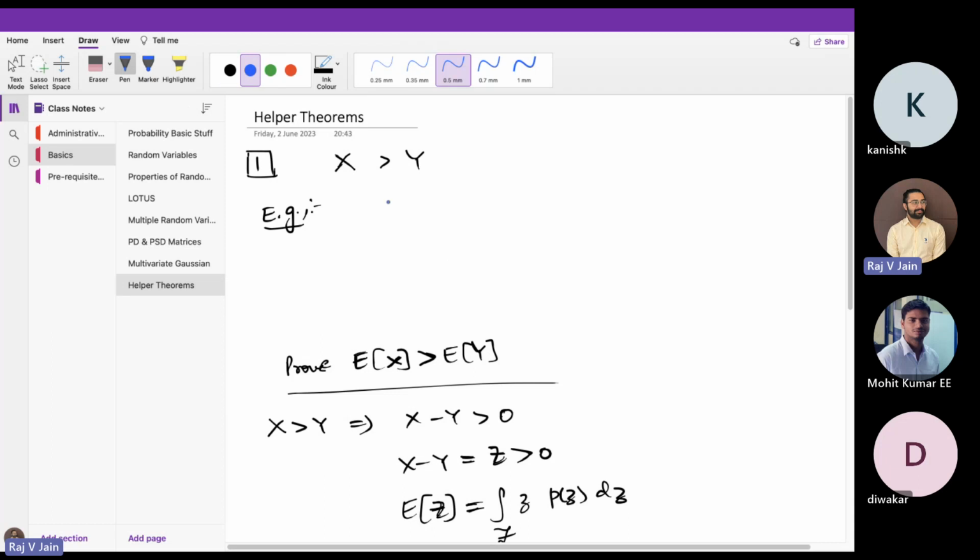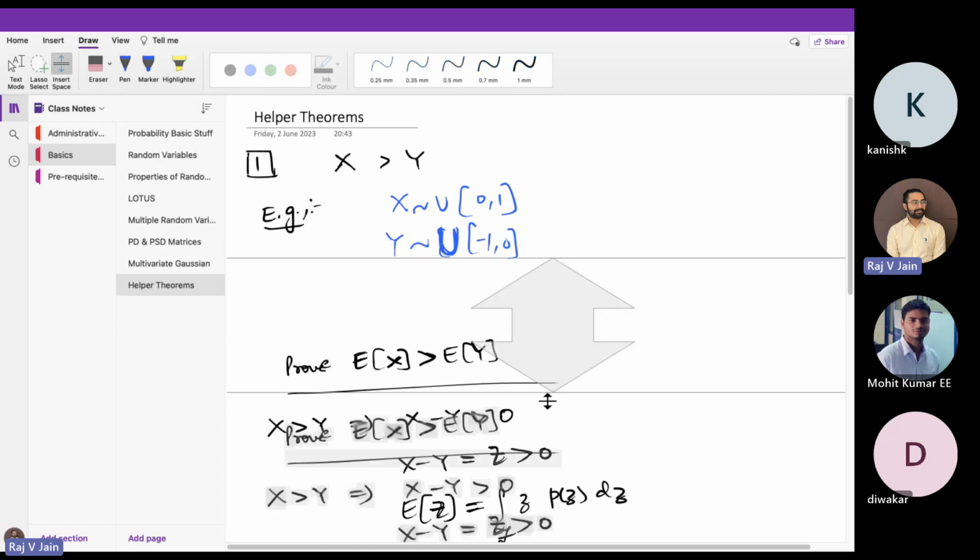So here basically I would say, let's say x follows uniform of 0 1, and y follows uniform of -1 0, right? So always x will be more than y, right? Let's assume that x and y are continuous random variables, just one complication which I thought you should be aware of.